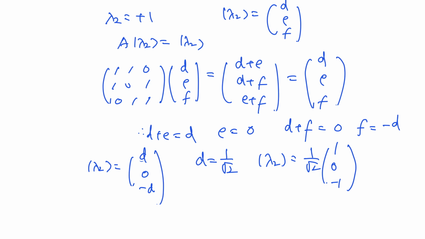Did you still copy? Lambda 3 is minus 1. So let's say the eigenvector for lambda 3 is x, y, z.